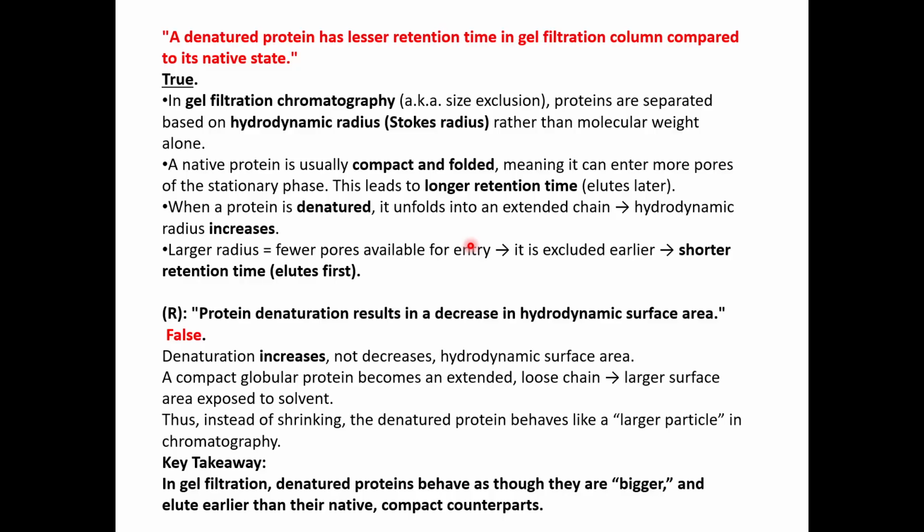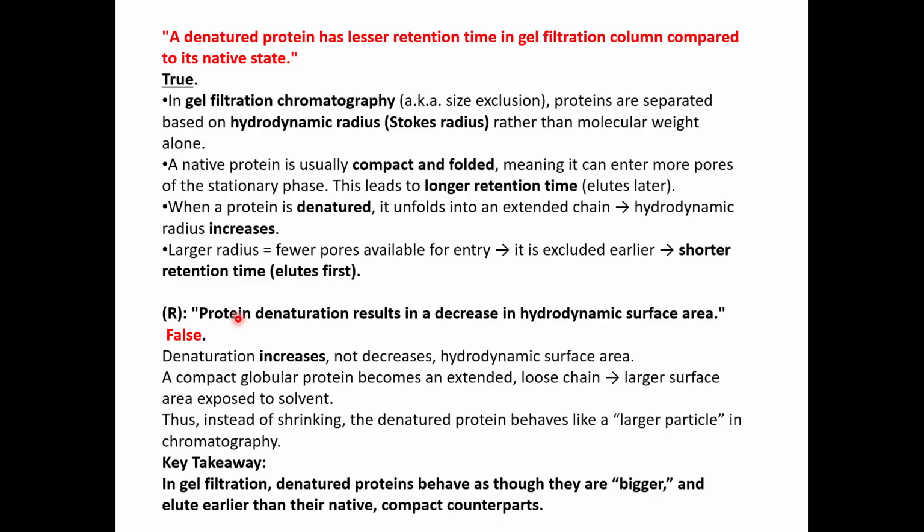Remember, it's the same protein as in the native form. If it's, for example, a 50 kilodalton protein, it is still a 50 kilodalton protein when unfolded, but the shape has changed and the hydrodynamic radius has changed. So that is the reason that a larger radius means fewer pores are available for its entry, and it is excluded earlier, has shorter retention times, and elutes first.